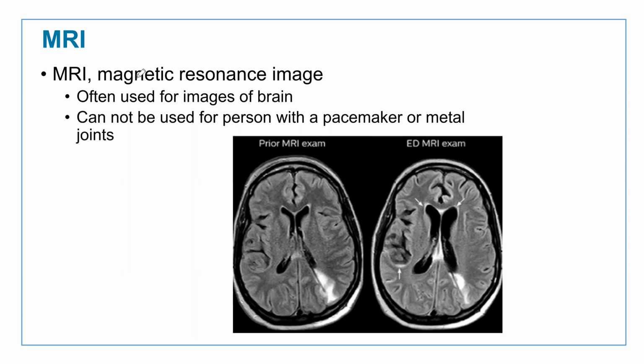However, if you have a patient with a brain tumor, then you will probably send this patient to do an MRI, because a brain tumor is not an emergency, and MRI will give you a better image compared to a CT scan.